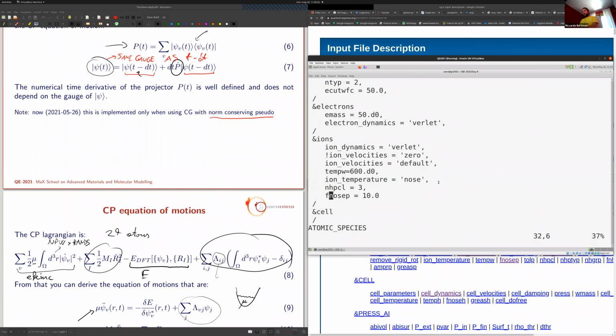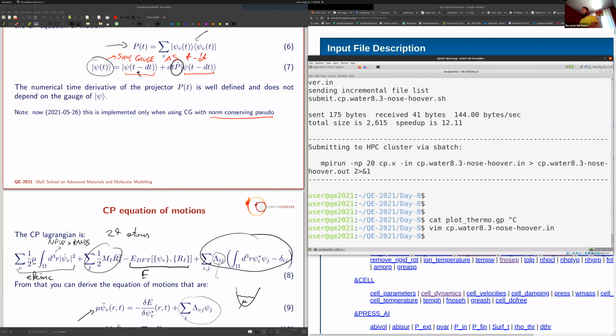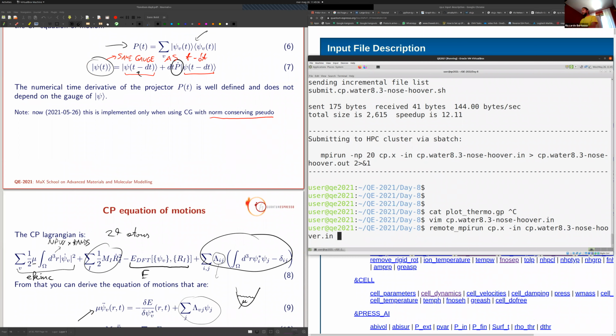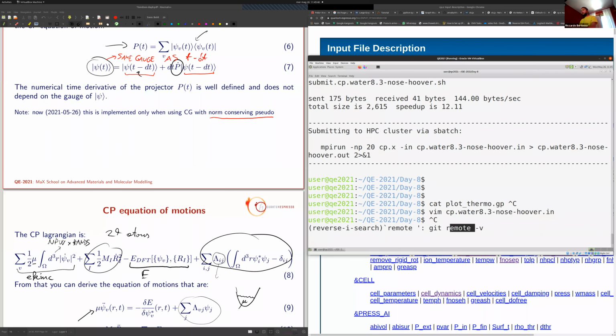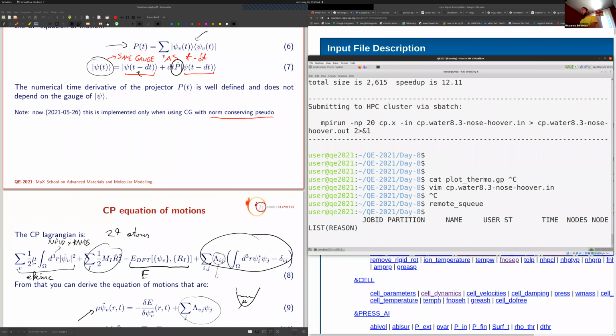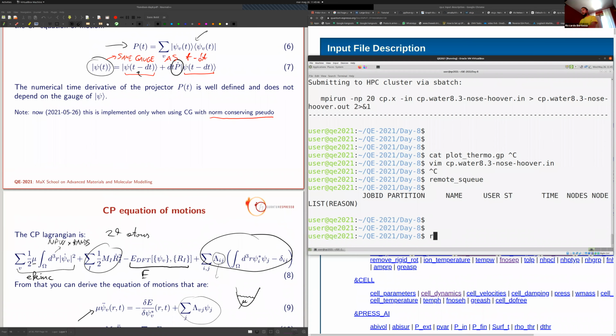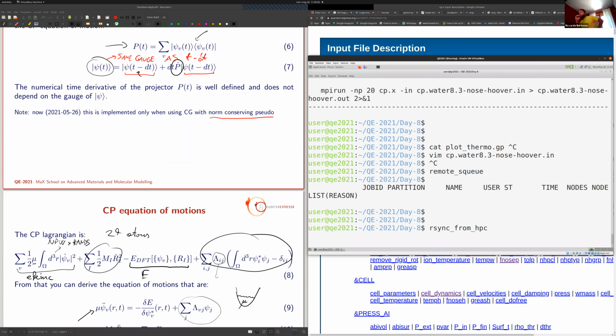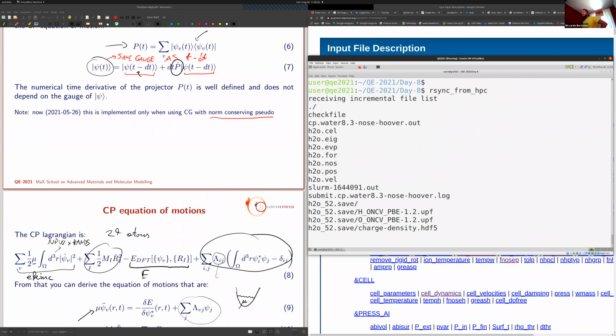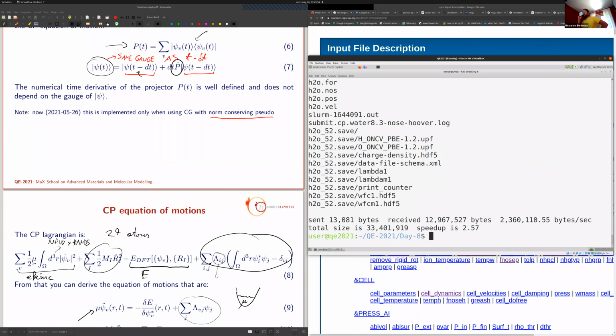Okay, I think that maybe the code finished. They are all very fast runs. Remote, sync from HPC. Oh, the new trajectory.